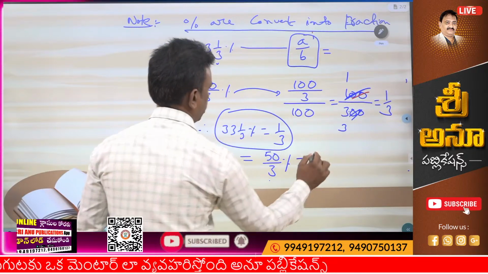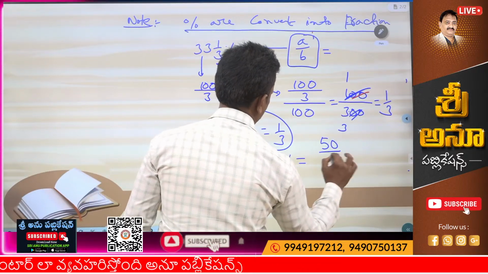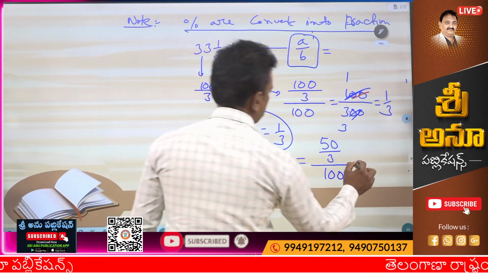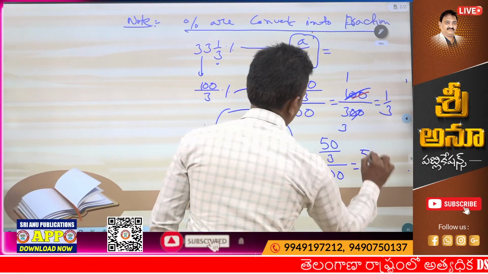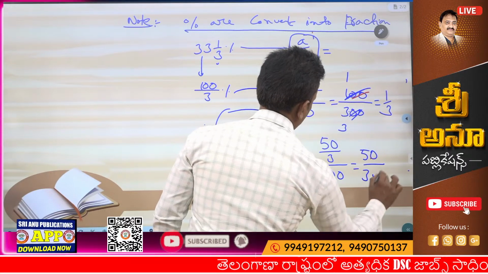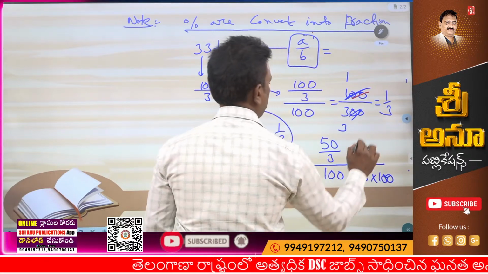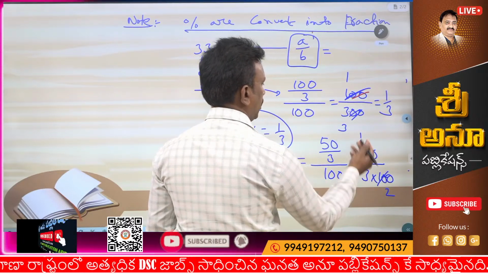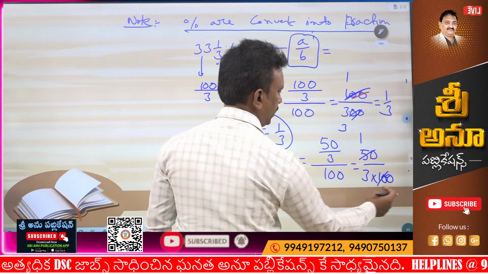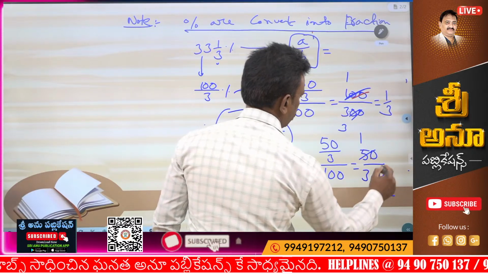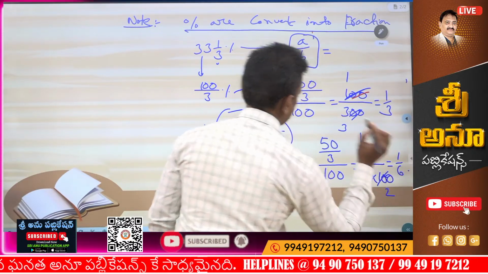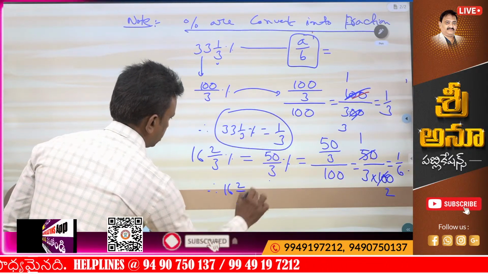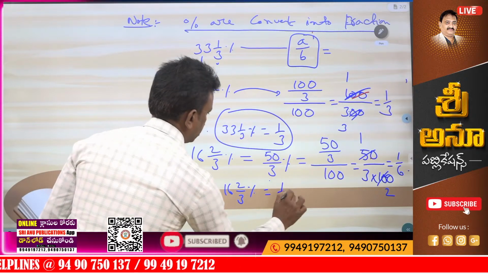The next step is the given percentage 50 by 3, within the denominator write 100. So this is equal to 50 by 3 into 100. 50 divides 1 time, 50 divides 2 times, and the remaining value is 1 by 3 into 2. It is equivalent to 1 by 6. Therefore, 16 2 by 3 percentage is equal to 1 by 6.